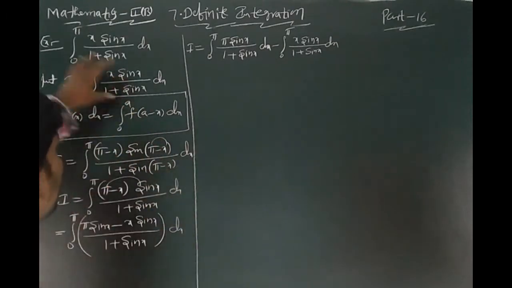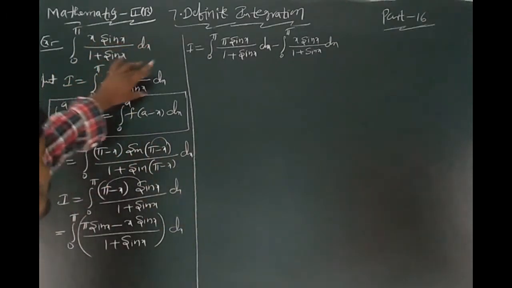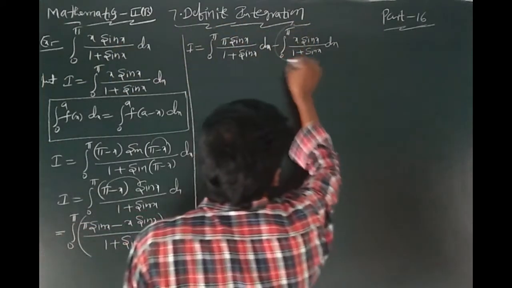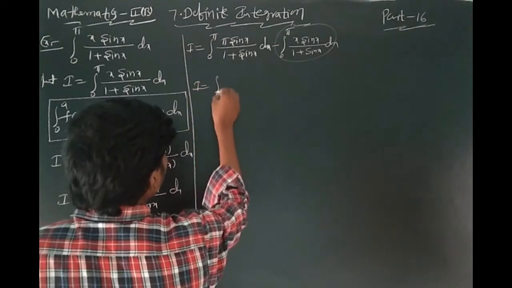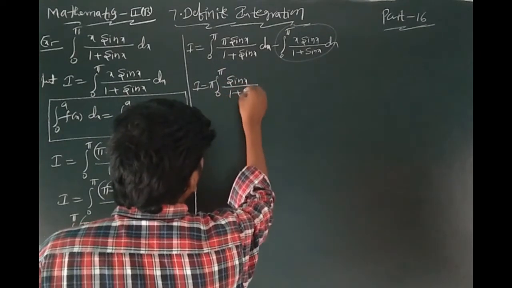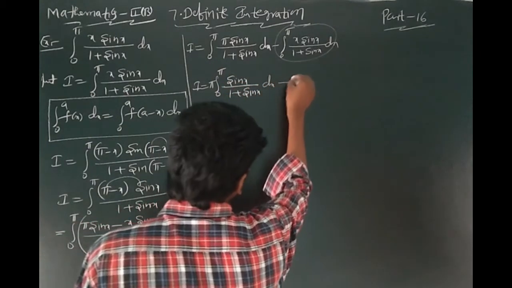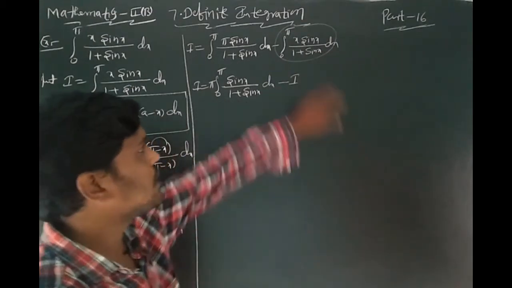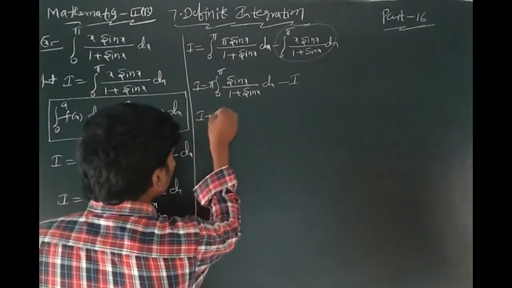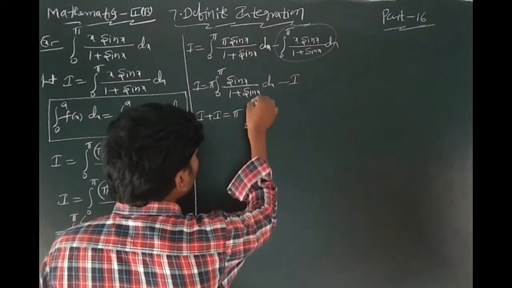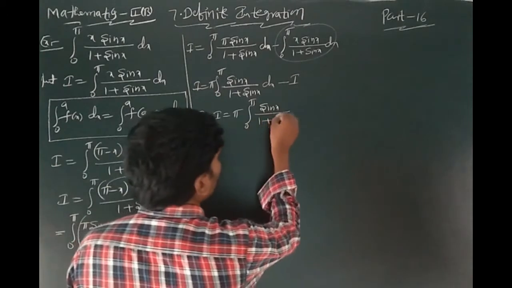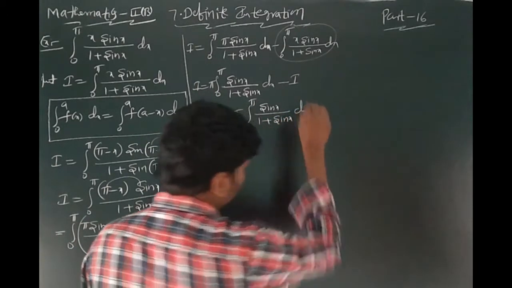Here, see students, integral 0 to pi of x sin x by 1 plus sin x dx, what is its value? It is I. That's why we can write this total value is I. So I is equal to pi, which is common, integral 0 to pi of sin x by 1 plus sin x dx, minus I. This I comes to the left side: I plus I equals pi integral 0 to pi of sin x by 1 plus sin x dx.